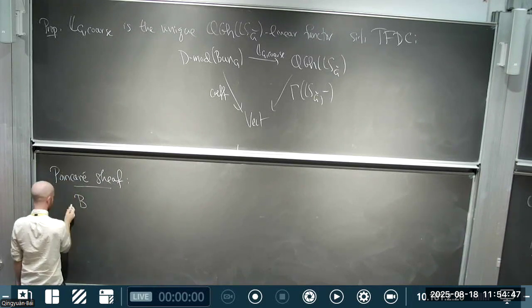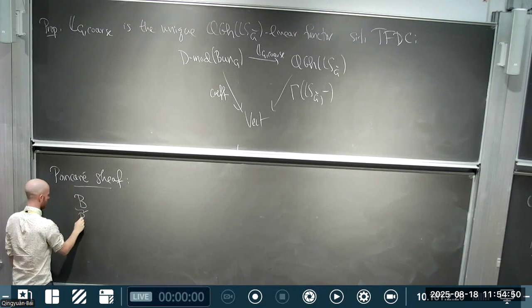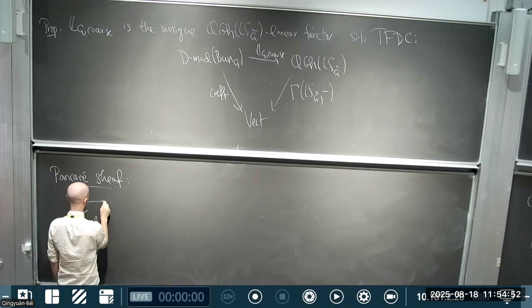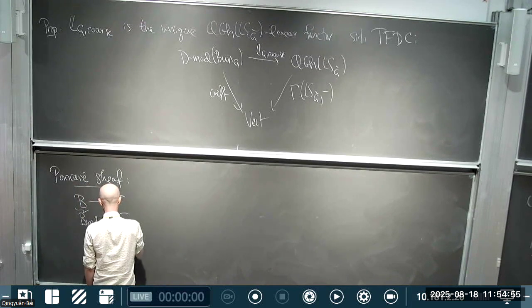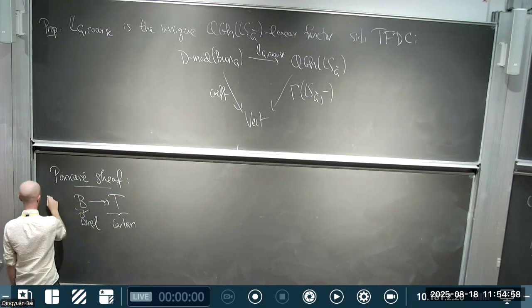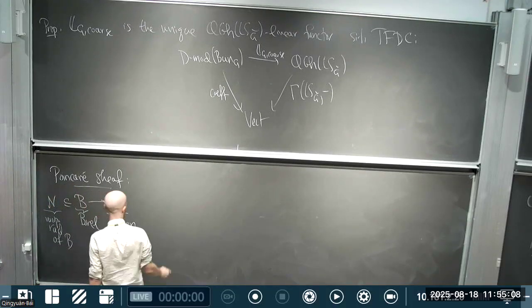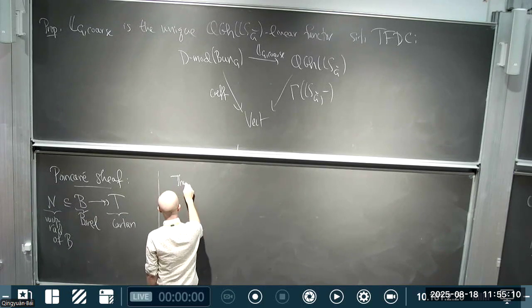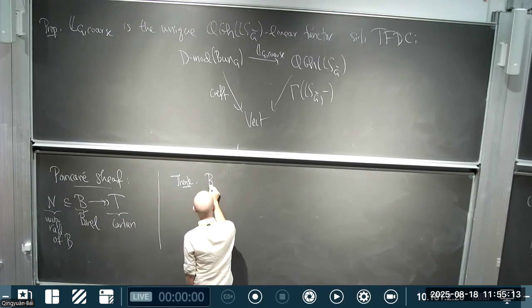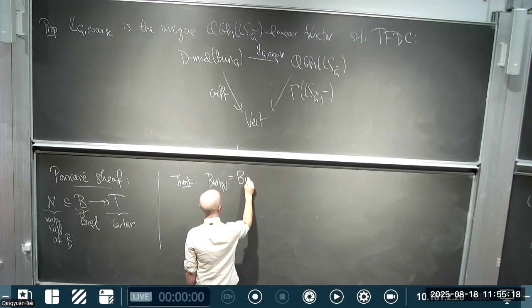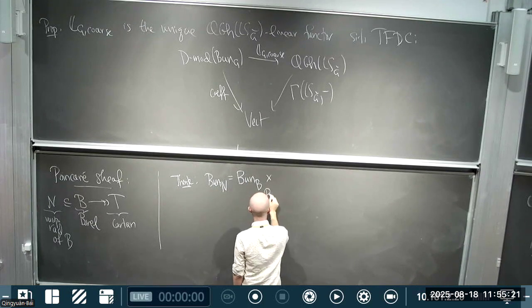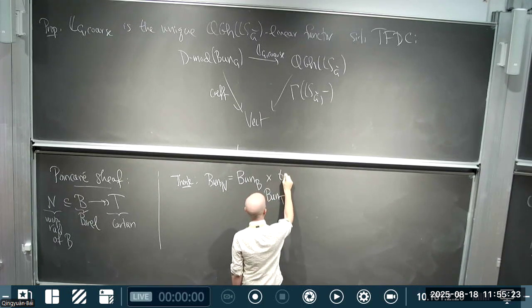I think the notation wasn't given yet, so this is going to be the Borel B, which maps to the torus T, and N is equal to the kernel of this map, so the unipotent radical of B. So if you think a little bit, then Bun_N is equal to the fiber product of Bun_B times over Bun_T with the trivial bundle.